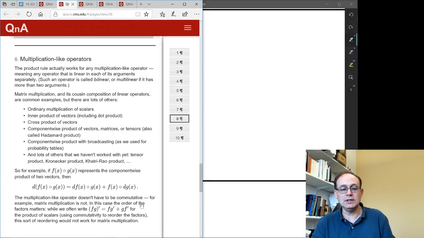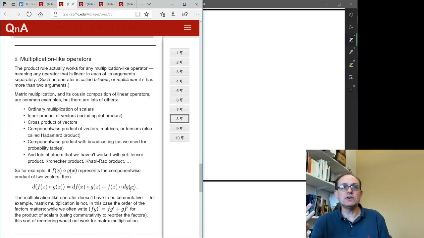So for example, if we write a small circle to mean the Hadamard product, the component-wise product of two vectors or matrices or whatever, then the differential of the Hadamard product of f and g is the differential of f Hadamard g plus f Hadamard differential of g, right? And so every multiplication-like operator has a product rule like this.